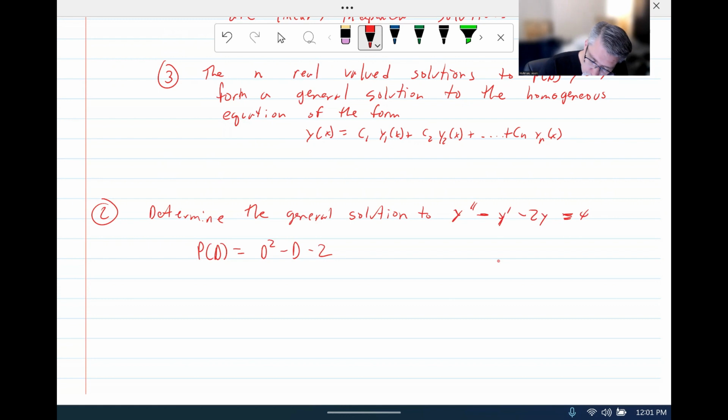Okay, so the form of the equation that's going to use my differential operator, the form of the homogeneous equation is going to look like this: y equals 0.